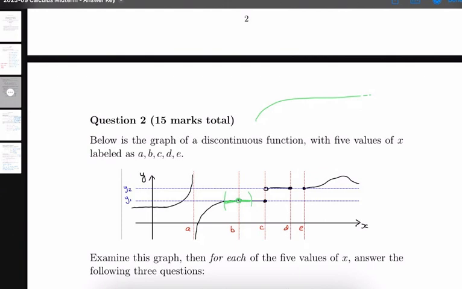So for example, if we have a graph of a circle, is the circle a function?